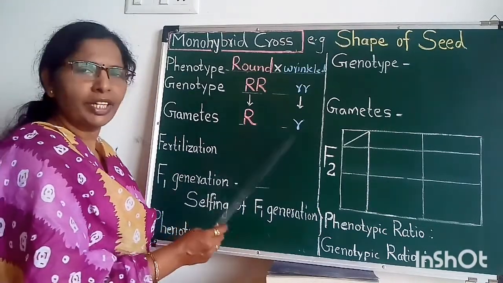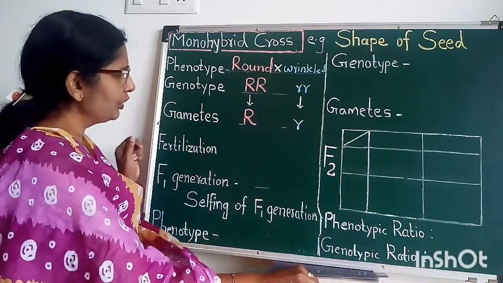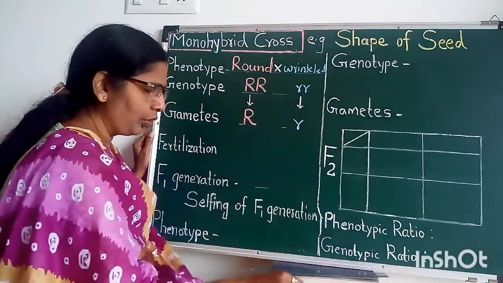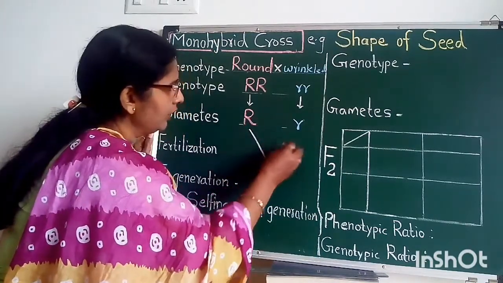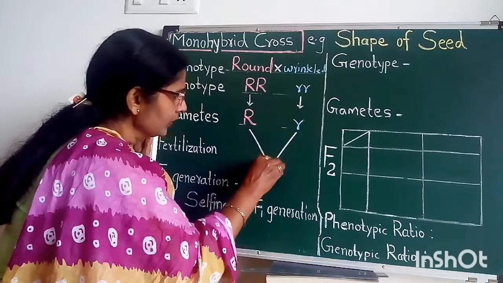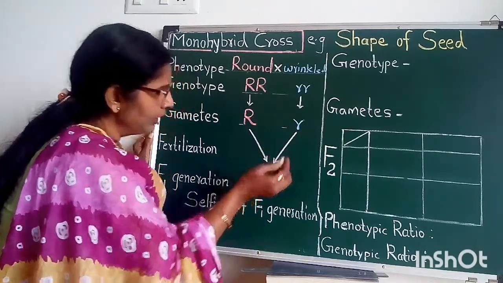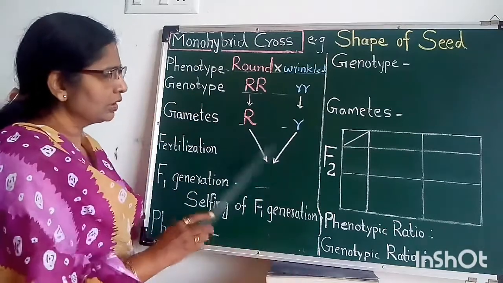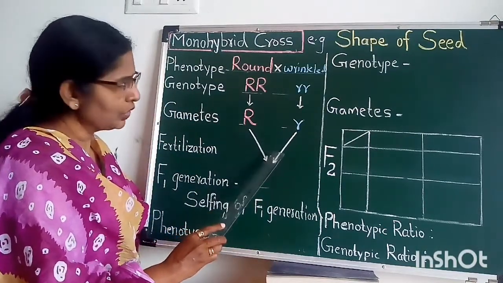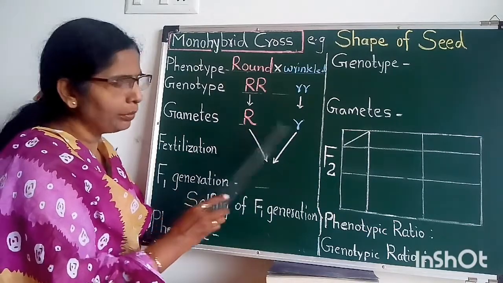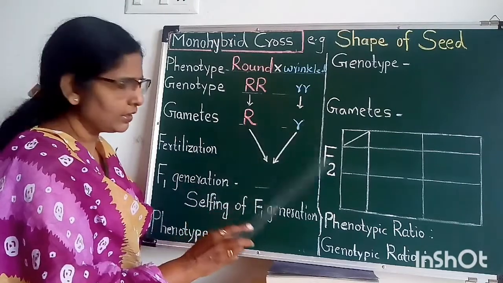Once the gametes are formed, the next process is fertilization. For fertilization, we'll have to show slanting arrows like this. So this slanting line means this is the process of fertilization that is taking place. Fertilization means fusion of male gamete with female gamete.